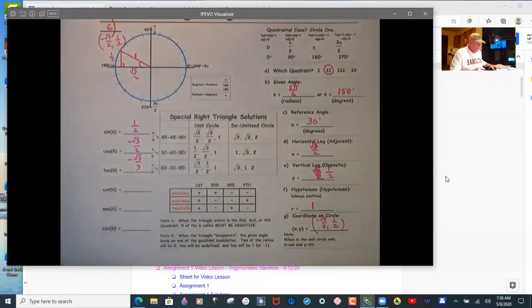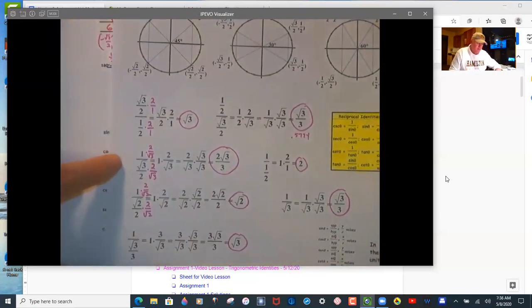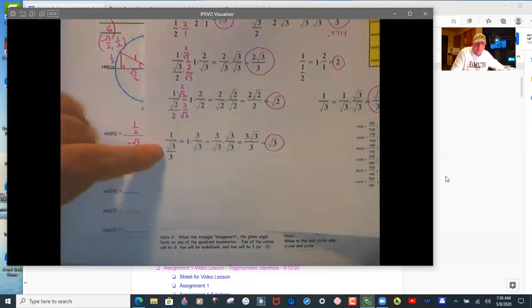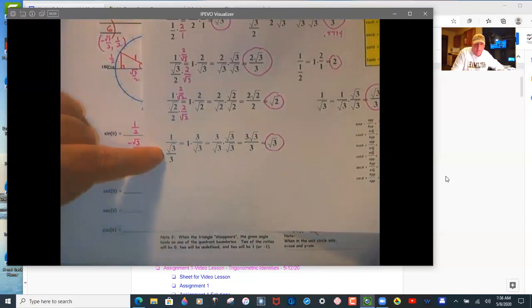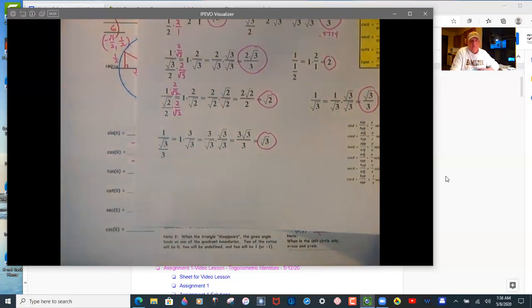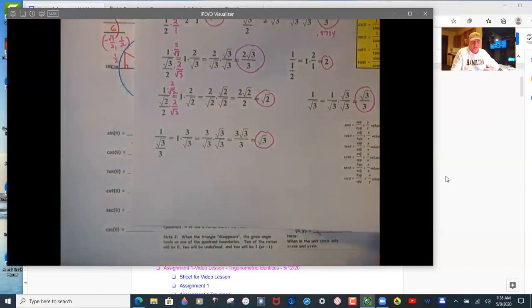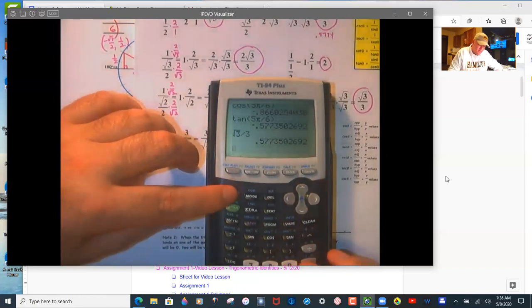And now we want the reciprocal for cotangent. So what is the reciprocal? Right here's that calculation. All the same idea as I've shown you about rationalizing the denominator, and that gives you the square root of 3. So it is about memorizing these values.